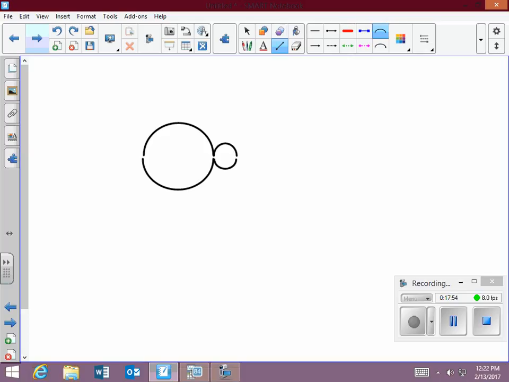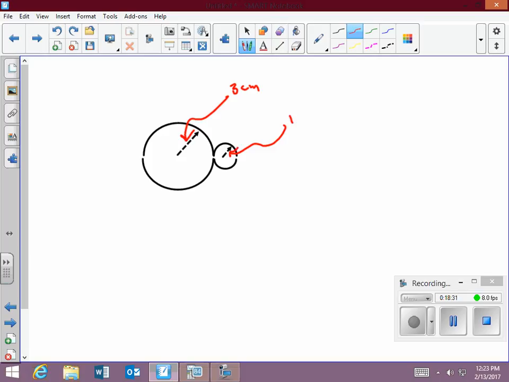And it says one is 3 centimeters. So radius. So from here, that's 3 centimeters. And then this one is 1 centimeter, right?